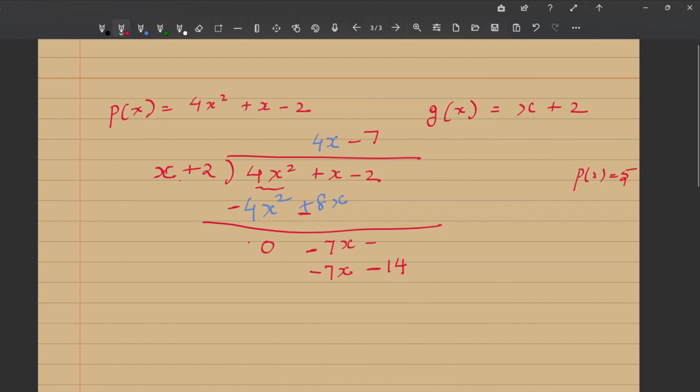But I have forgotten to bring this term down, minus 2. Normally, this is what we do in our numerical division also, right? Suppose I am dividing 363 by 7, 7 fives are 35. 6 minus 5 is 1, I bring this 3 down. Similarly, I'll have to bring this 2 down here. Fine.